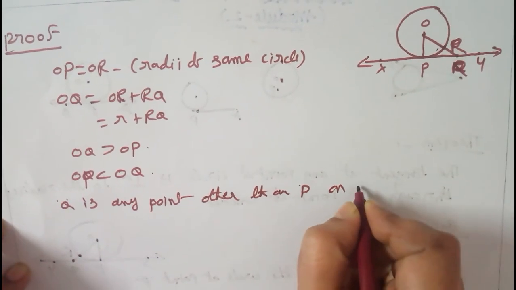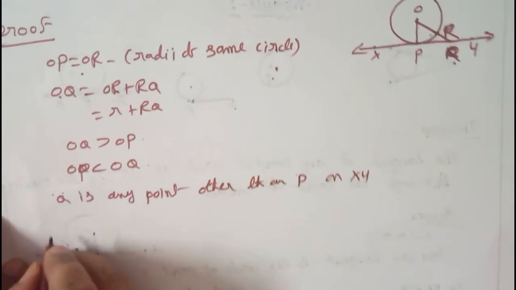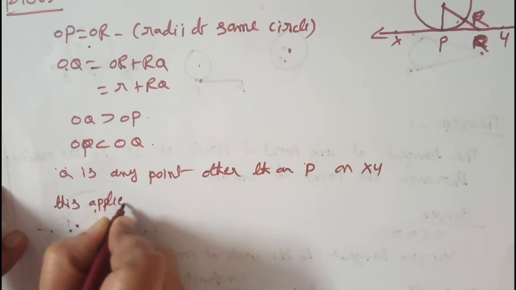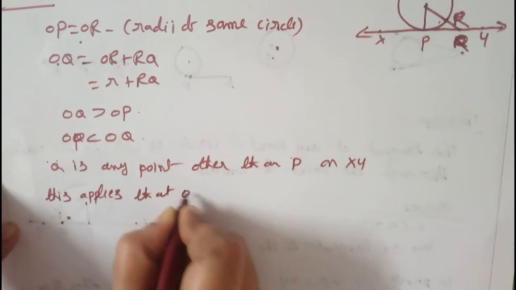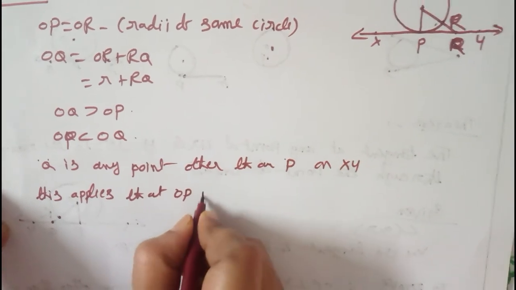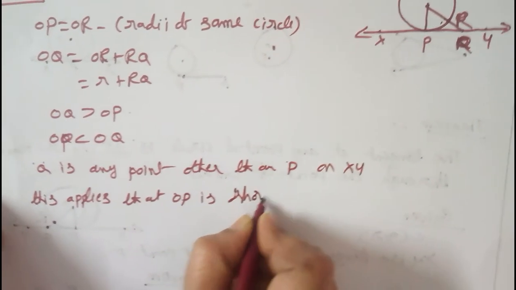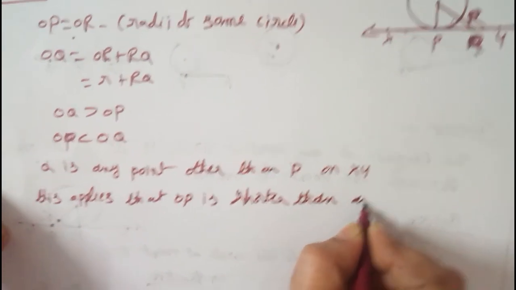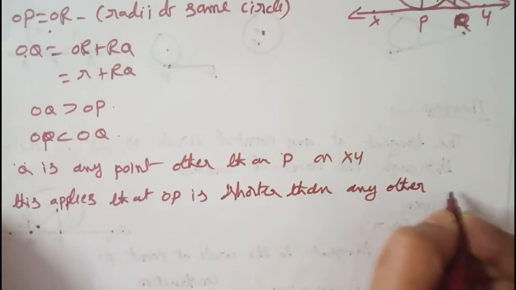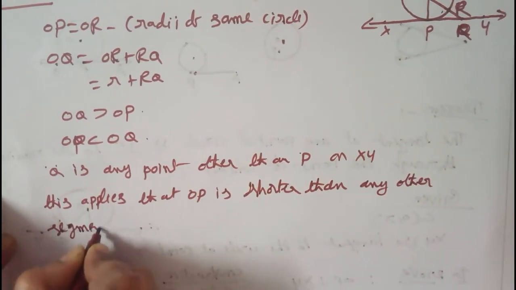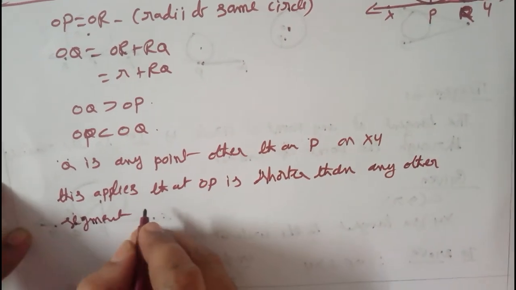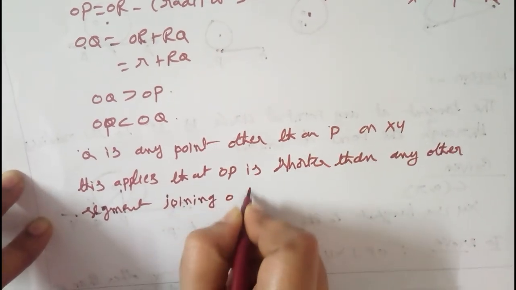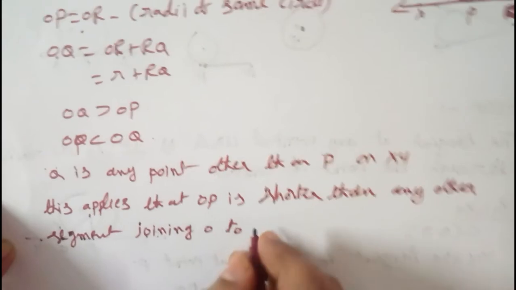Q is any point on XY. This implies that OP is shorter than any other segment joining O to any point on XY.